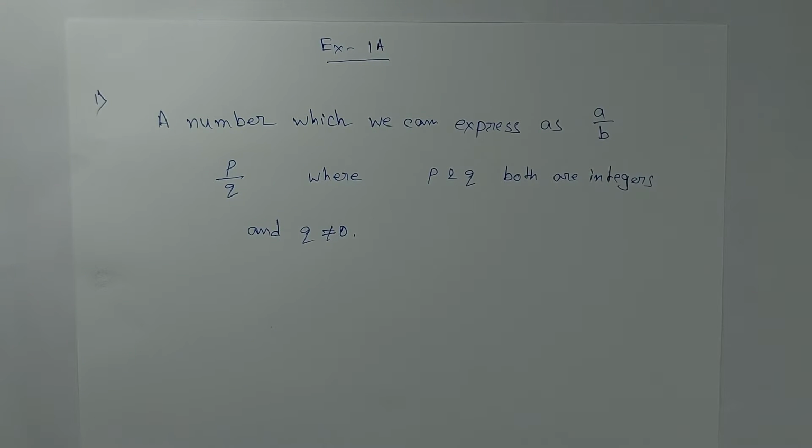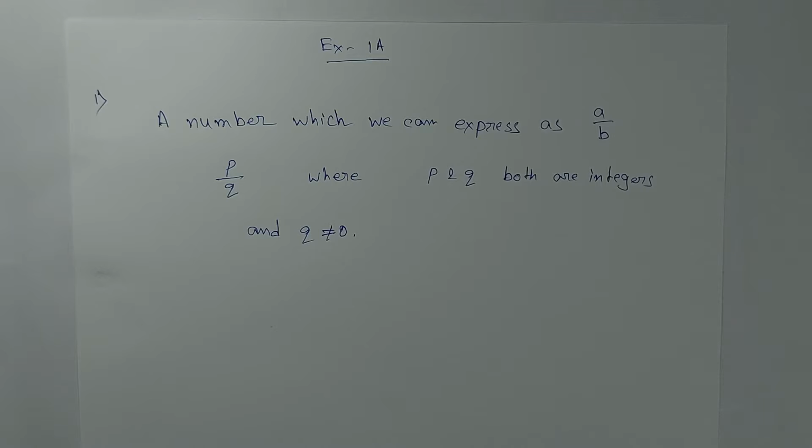That means every rational number can be expressed as p by q, where p and q both would be integers and q would not be equal to 0. So this is the condition.